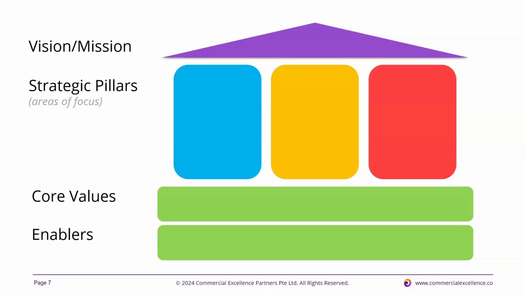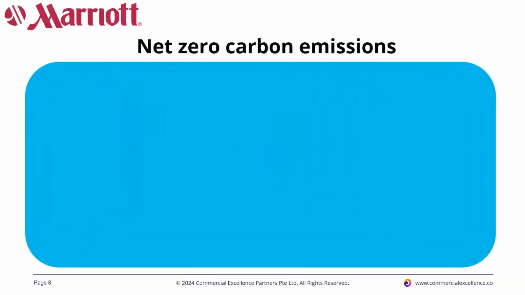But we have to think, well, how can we make progress in some of these strategic pillars? So I'm going to take you through an example. Imagine that we're a hotel group, the Marriott group. As the Marriott group, we may have one strategic pillar focusing on net zero carbon emissions. This is something we really want to work towards.